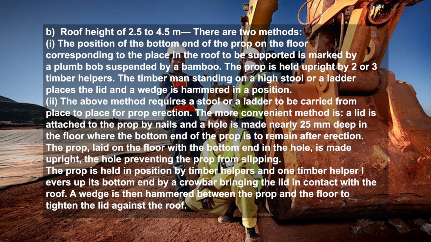The prop is held in position by timber helpers, and one timber helper levers up its bottom end by a crowbar, bringing the lid in contact with the roof. A wedge is then hammered between the prop and the floor to tighten the lid against the roof.